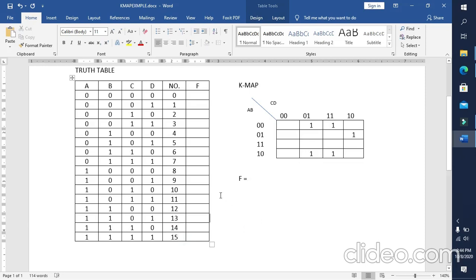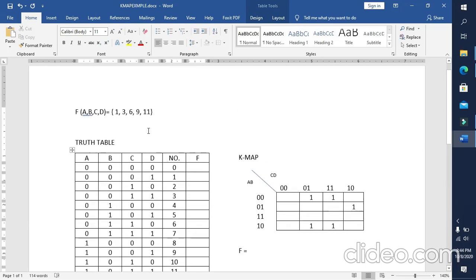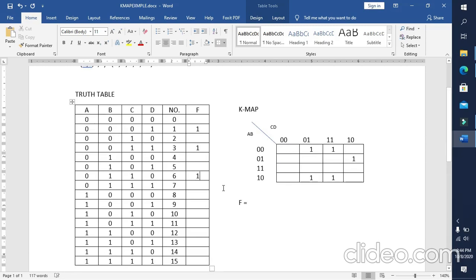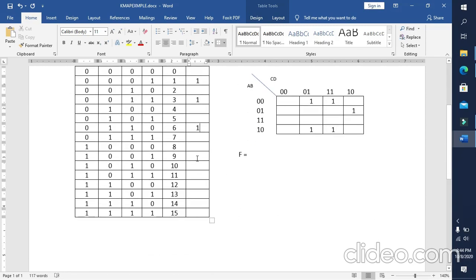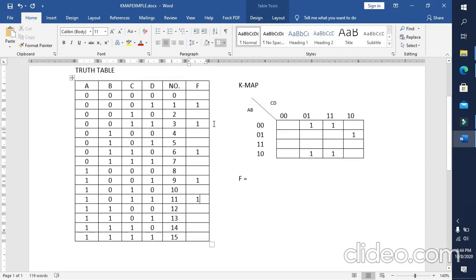Okay. Then, according to the function, the outputs will be 1, 3, 6, 9, and 11. So, lagyan natin ng 1 yung mga equivalent number ng combination.